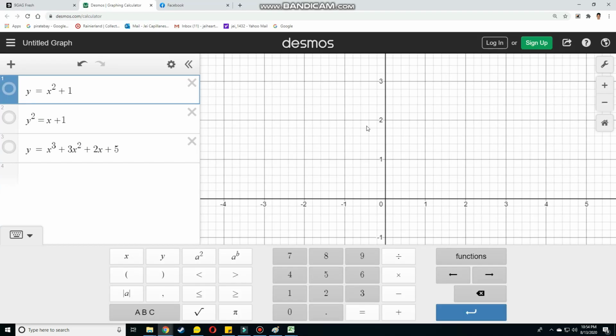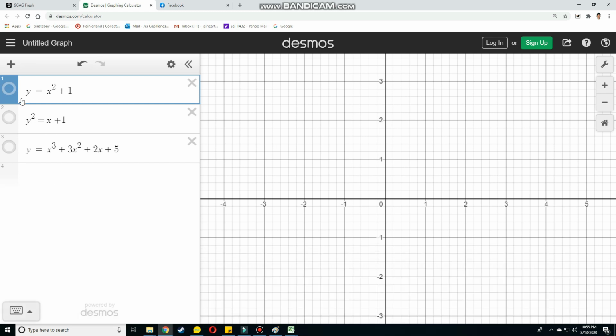Okay? Now, for example, let's have our equation number 1. y is equal to x squared plus 1. Now, as you can see, this equation, let's have it as a graph, and that is its graph.